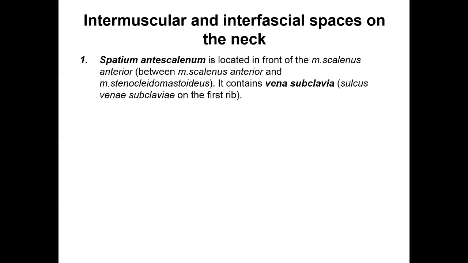It's located in front of the musculus scalenus anterior. That means between musculus scalenus anterior and musculus sternocleidomastoideus. And it contains vena subclavia. You can remember sulcus venae subclaviae on the first rib, which serves for passing this vein, vena subclavia.